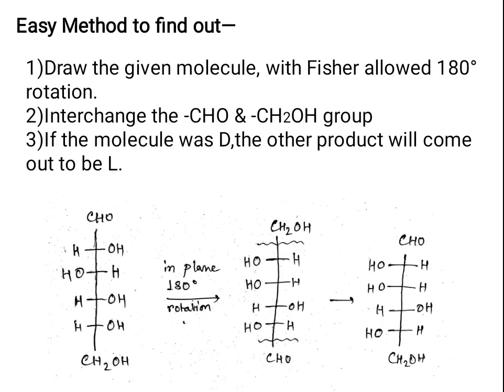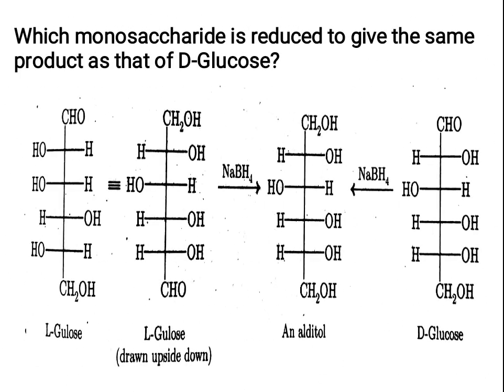Oh yeah, I have discussed it here. Easy method to find out: at first, draw the given molecule with Fischer projection, allowed 180-degree rotation. So this is your structure. Here it is asked which monosaccharide is reduced to give the same product as that of D-glucose.